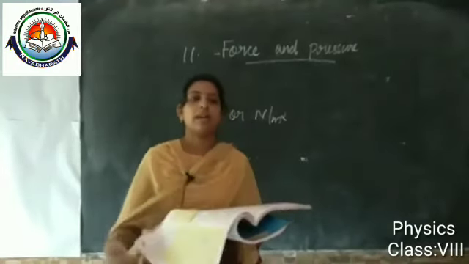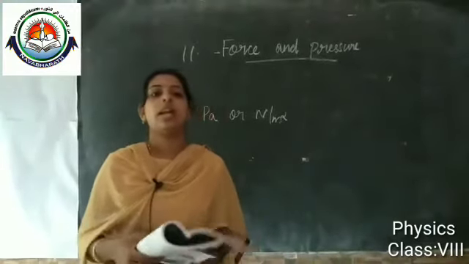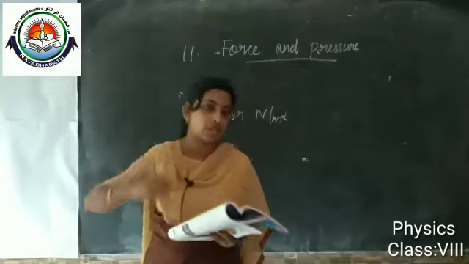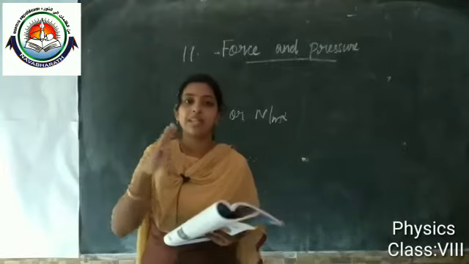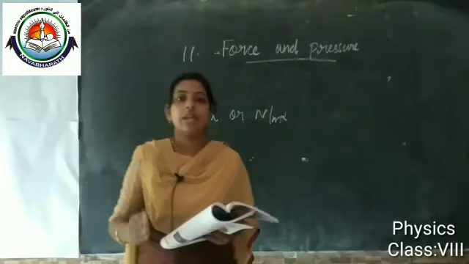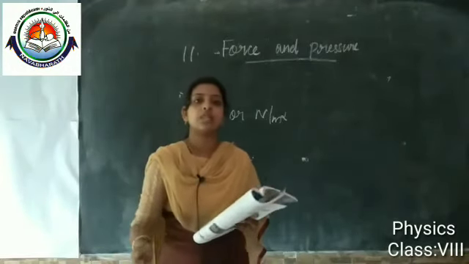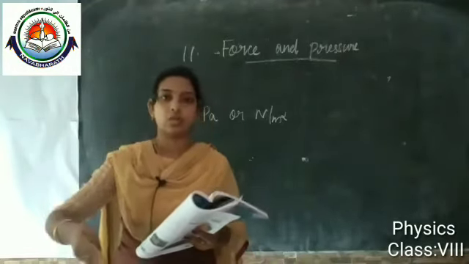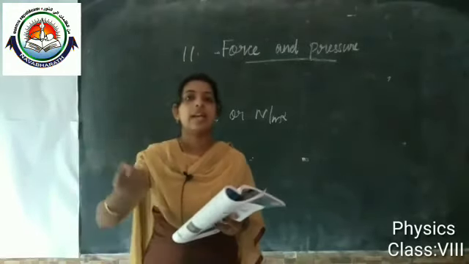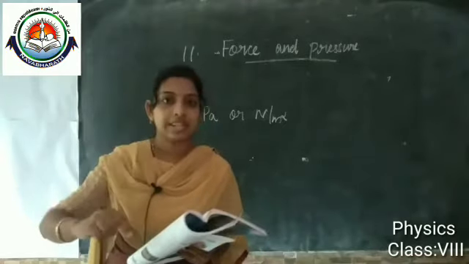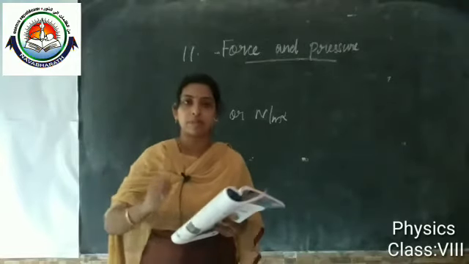All these things you have to keep in mind: in cases like this, why we are using wide straps, the basic thing to remember is that when it is wide, the area of contact increases, and it reduces the pressure on the ground. When area decreases, pressure increases; when area increases, pressure decreases. That is the key point to keep in mind regarding pressure.